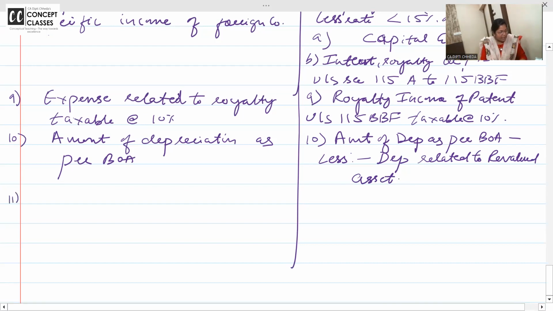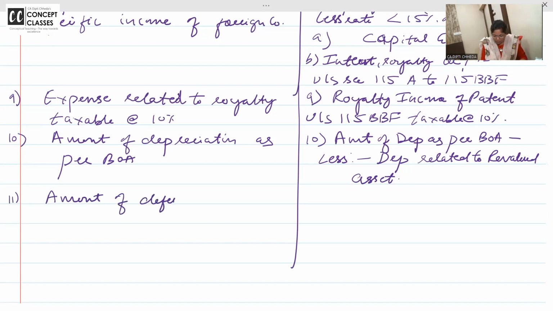If any amount is debited, amount of deferred tax and provision thereon. Amount of deferred tax and provision thereon. अगर कुछ debit किया है तो.